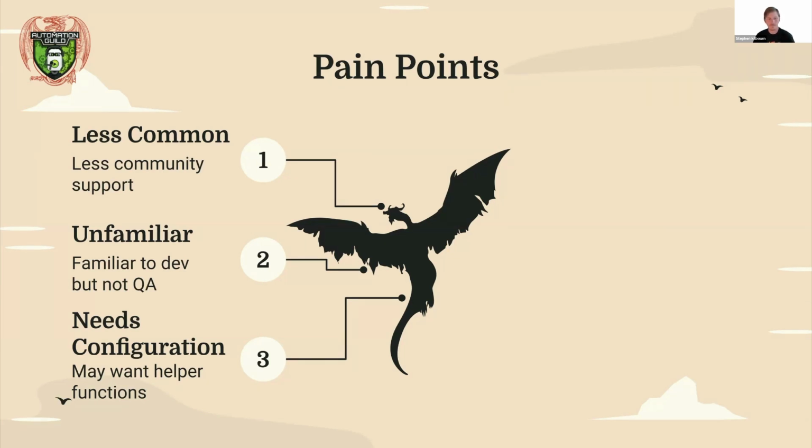And then the third thing is the configuration. You need to understand that Axios is designed to fail and throw an error message if you don't get a happy 200 response or 201. So you need to understand to set up those helper functions that will catch your errors for you.